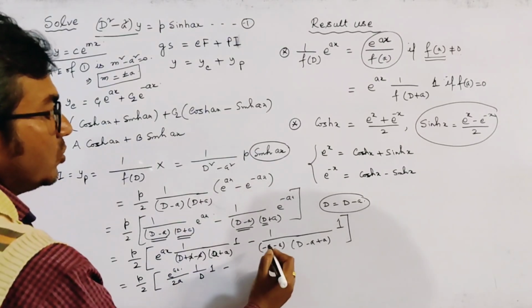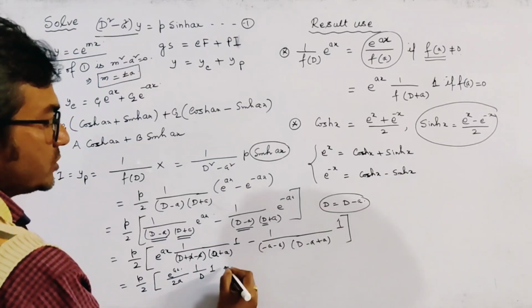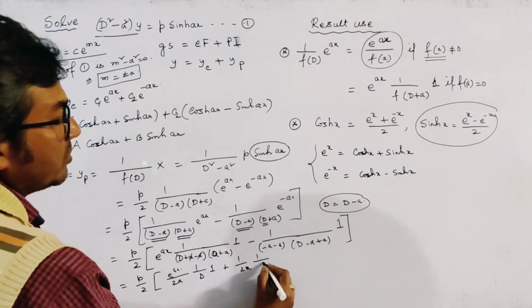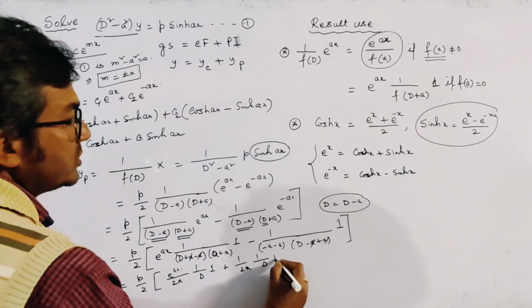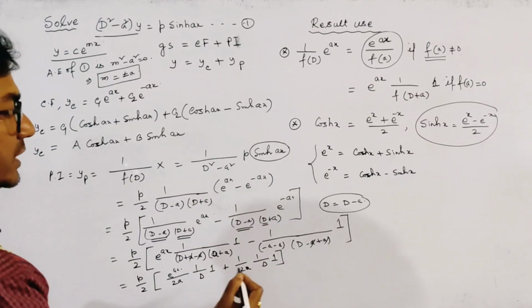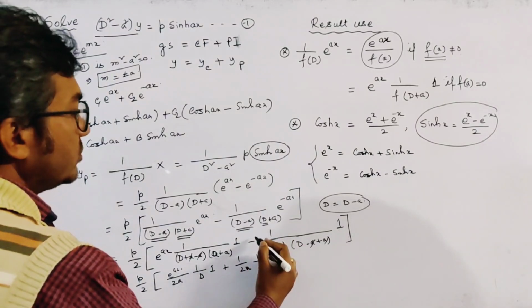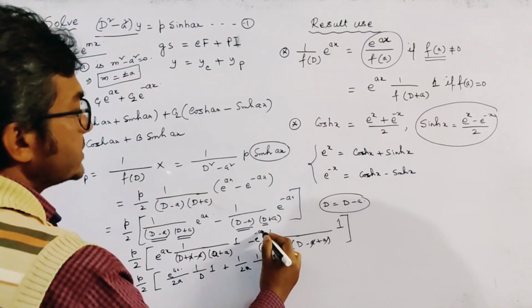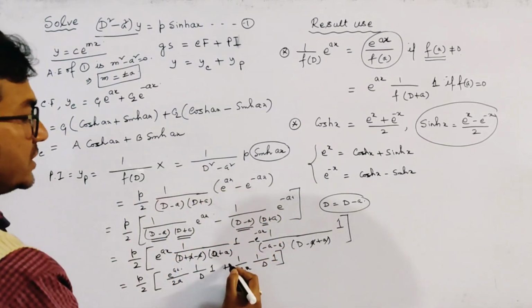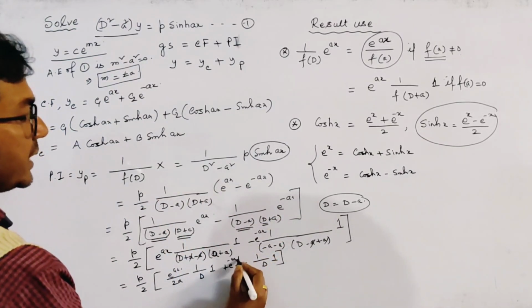And similarly from here this is minus 2a, so we get plus 1 by 2a into 1 by D into 1, and here also we write e to the power minus ax. We forgot to write this.